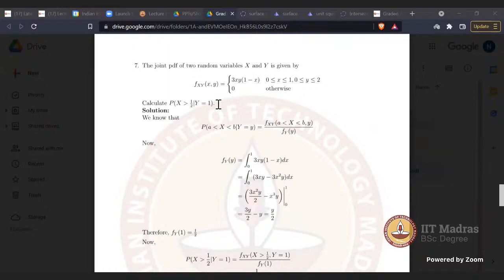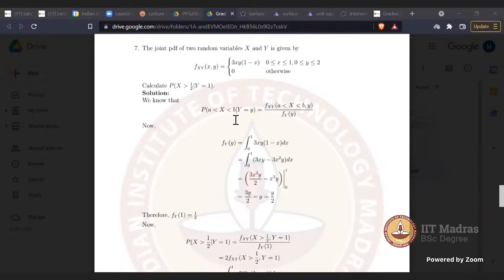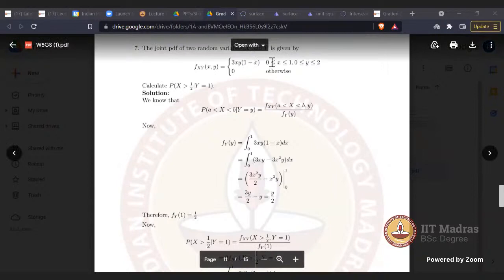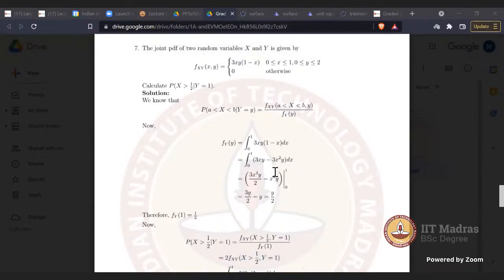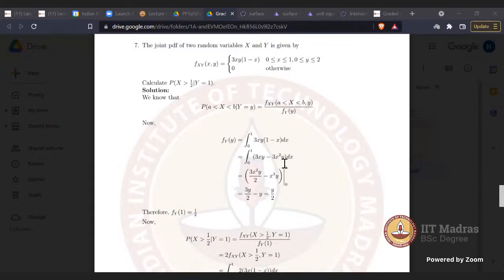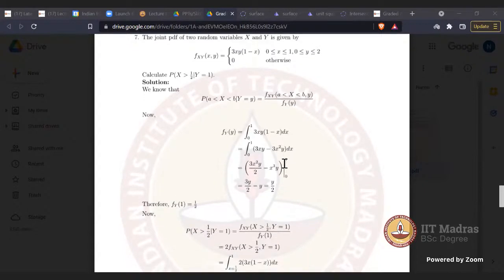If you find the marginal density of y at 1, for that you will integrate your fxy with respect to x. And how is the limit of x varying? It is varying from 0 to 1. So you integrate fxy with respect to x from 0 to 1, and that will give you the marginal density of y at the point 1 if you substitute y equals 1 in fy of y.